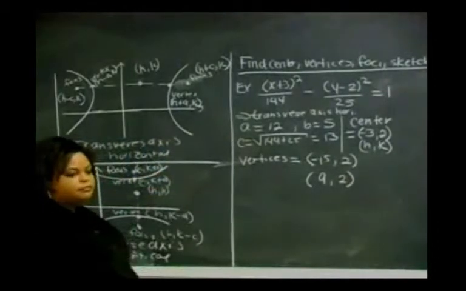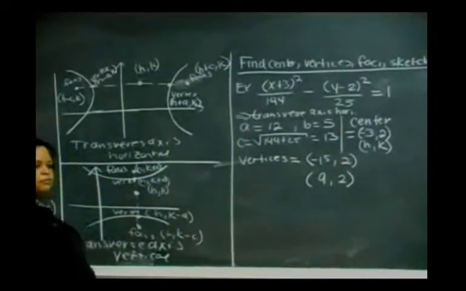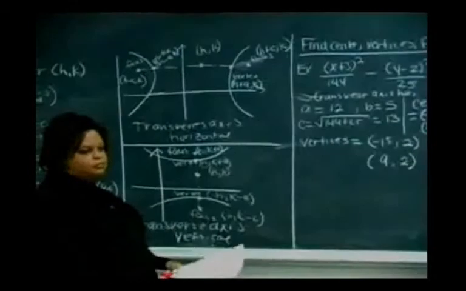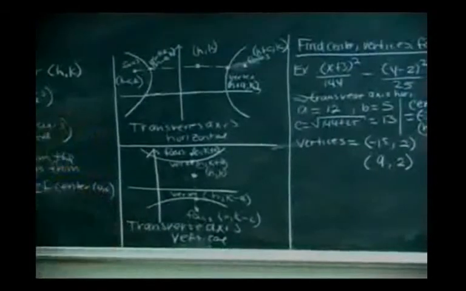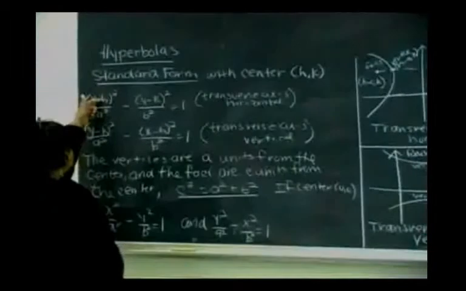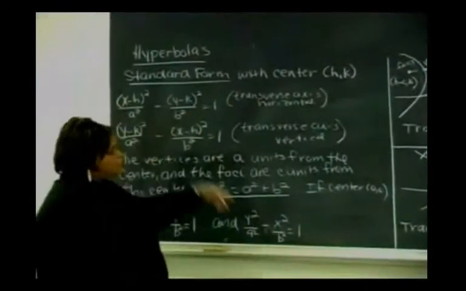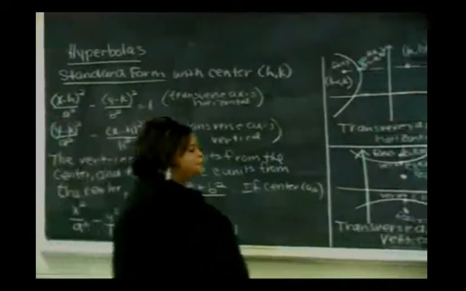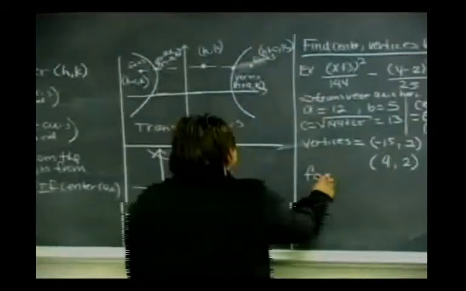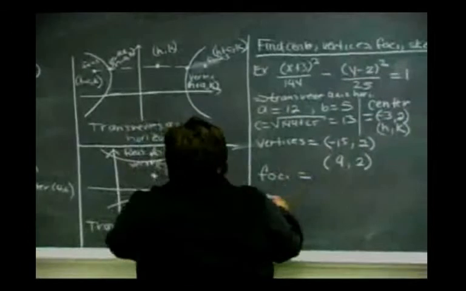How did we use this? Okay, because by looking at the equation, my x minus h is first and it's positive. If it's second and negative, then it's vertical. Look at the foci.